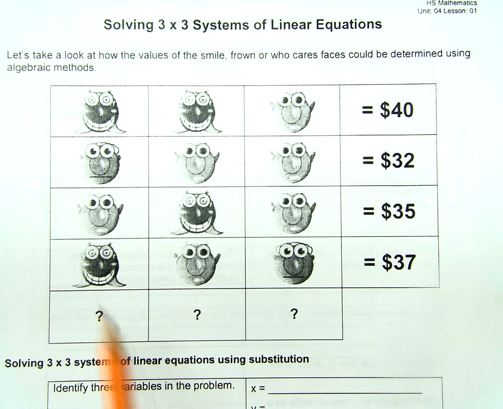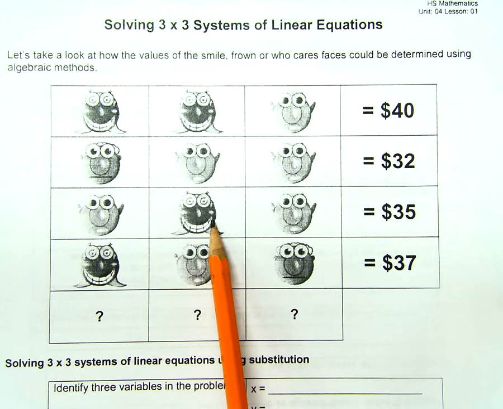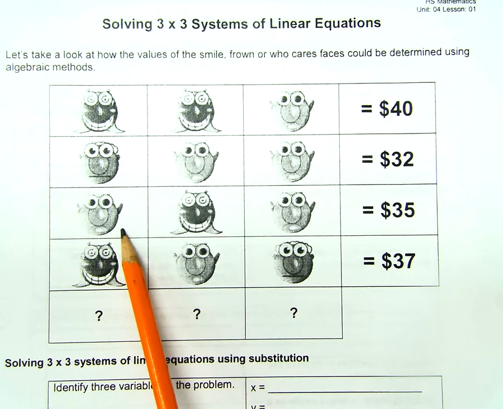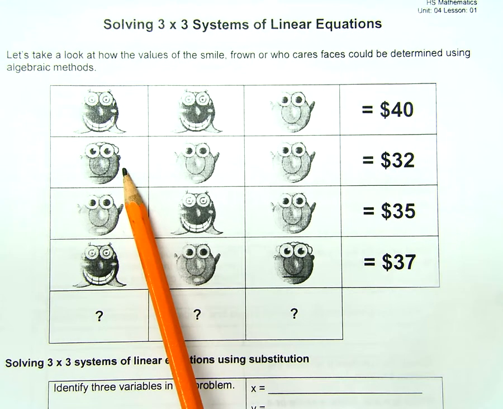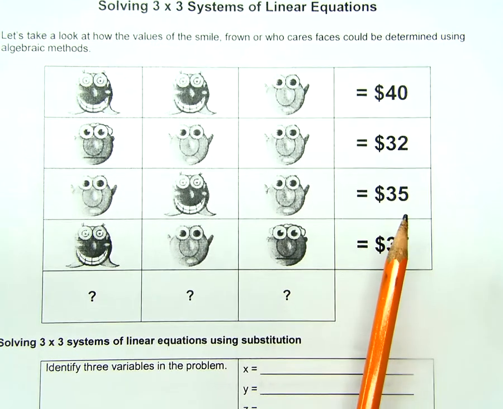Okay? And you can figure out the other 2, right? So do you know how much a smile is worth? Do you know how much a frown is worth? Do you know how much a who cares is worth? But because we have this set up for us, we can figure that out.